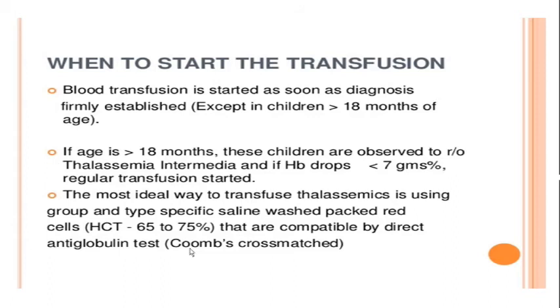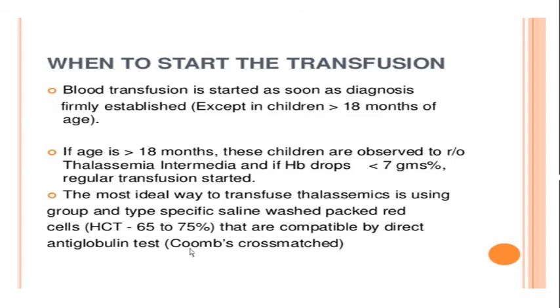Usually, as soon as the diagnosis is confirmed, we should try to initiate the transfusion. Especially if the children have thalassemia intermedia, we can still wait until the hemoglobin drops to less than 7 gram, and then we can start with the regular transfusion.